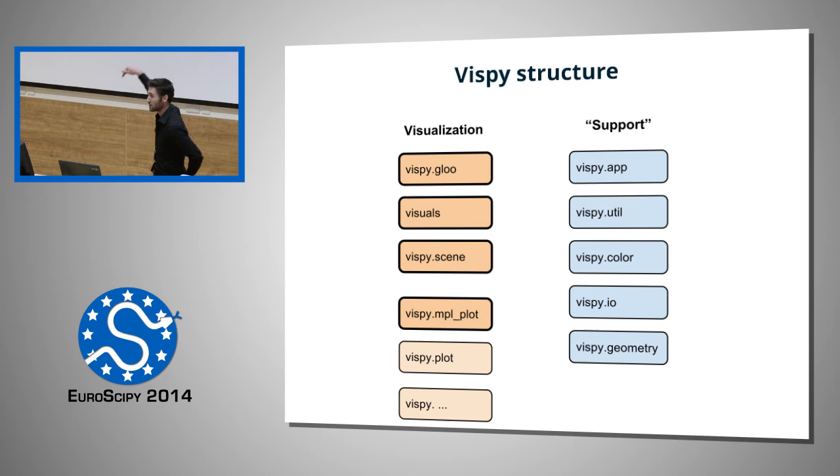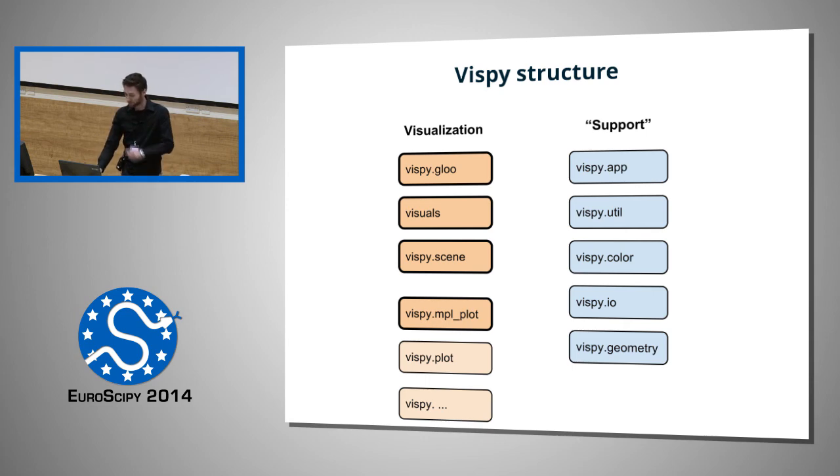As you go down, you get higher level layers, so you get better abstractions, but slightly less flexibility, of course. On the right-hand side are a couple of support libraries, so to speak, that don't directly relate to visualization. The most important one is probably vispy.app, which gives you a very easy interface to create a window in which you can do your rendering and visualization.